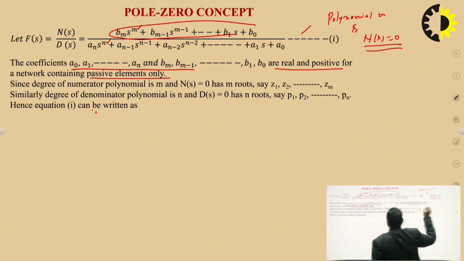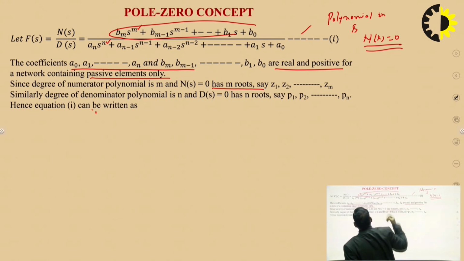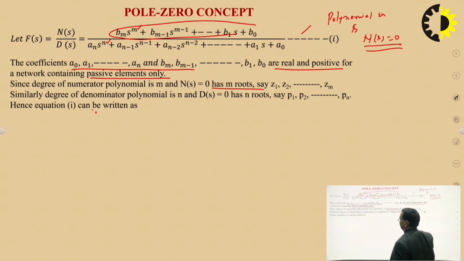If the degree of the numerator polynomial is m, we get m roots, say z1, z2, zm. These are the roots of N(s) equal to 0.